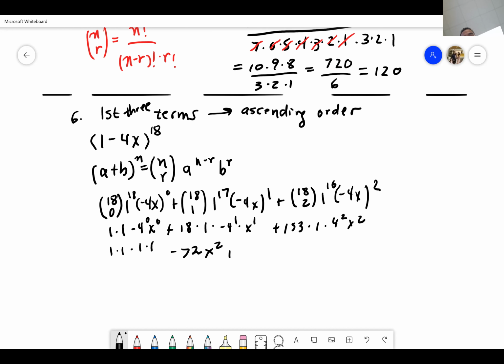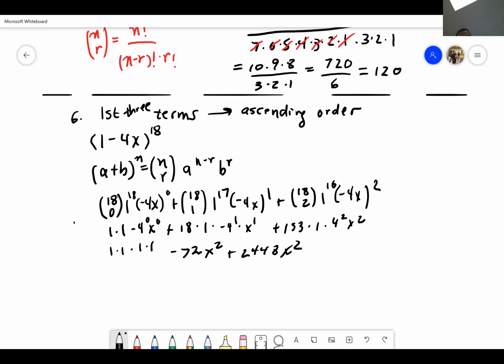And then we got plus 153 times 16, whatever that comes out. What's 153 times 16? 2,448. And that's it.